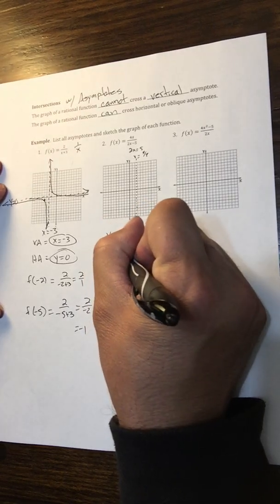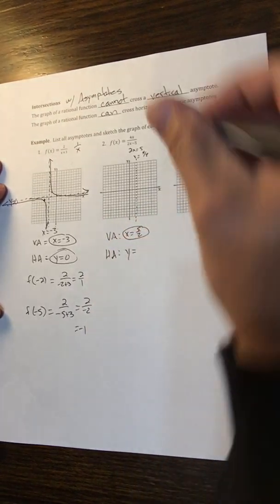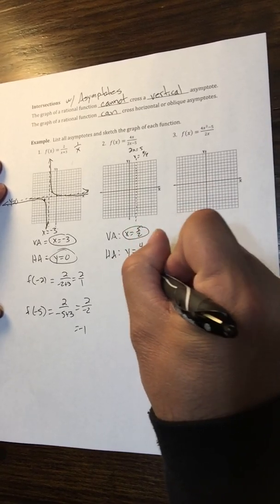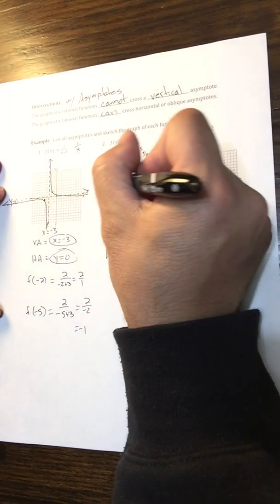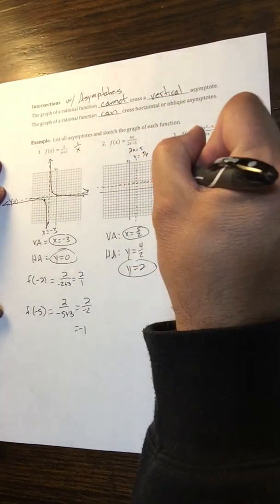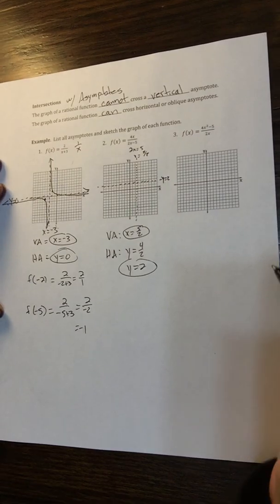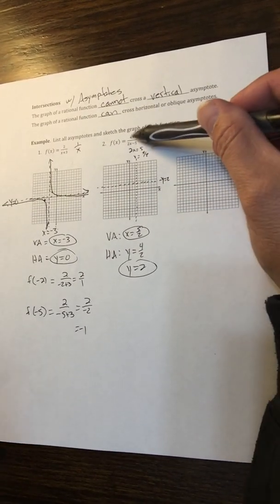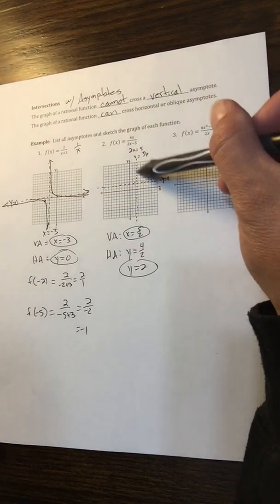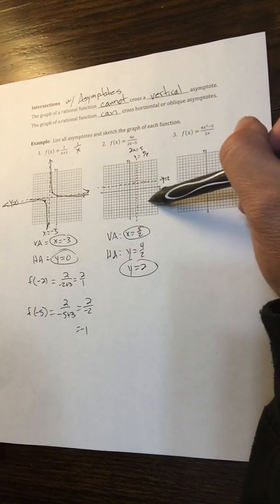Horizontal asymptote: y equals 4 over 2. Or, in other words, y equals 2. So I'm going to go up to y equals 2, and I'm going to draw y equals 2 as a horizontal asymptote. And now again, because that x is up there, I'm not sure if this should be top right and bottom left, or if it should be bottom right.